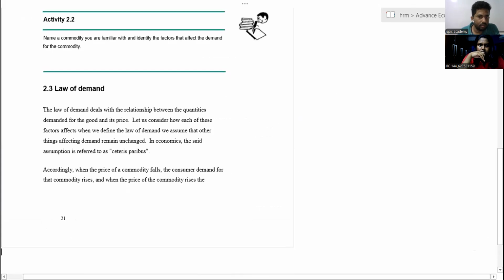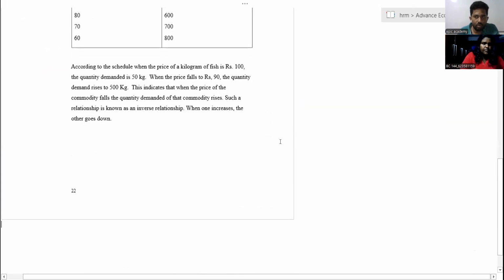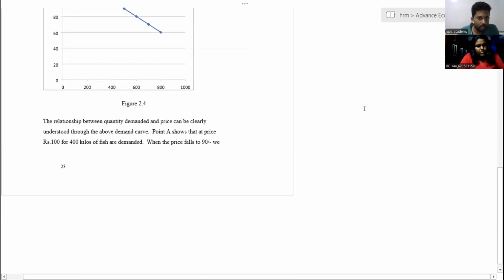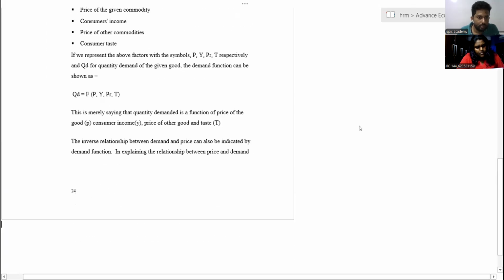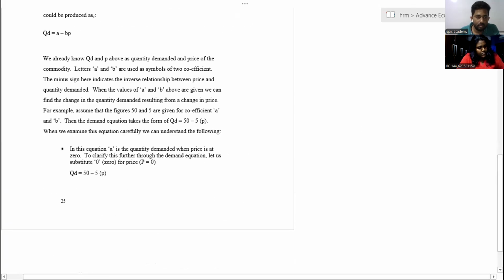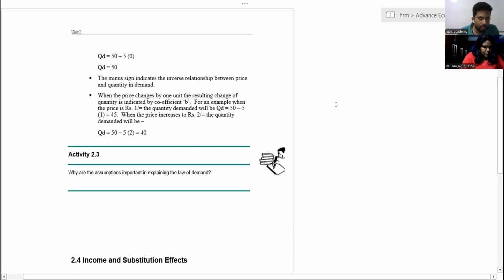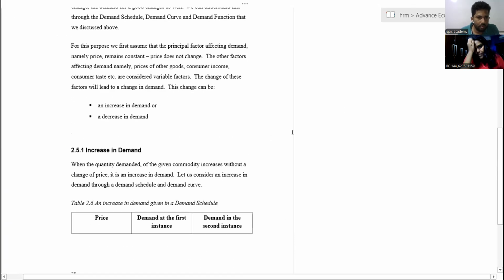Another law of demand and schedule, and the demand curve, demand function. Shifting demand.